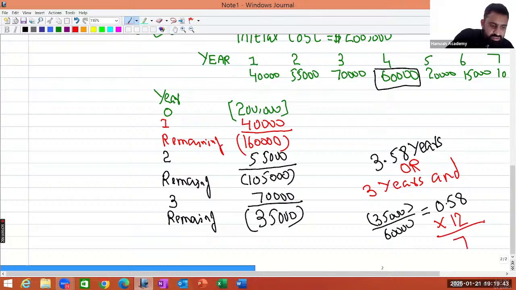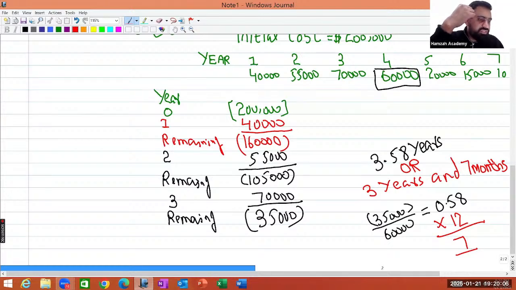So you can also write 3 years and 7 months as your payback period. 3.58 or 3 years and 7 months, both have the same meaning. Now, if this payback period is less than our target, then obviously we are going to select the project.